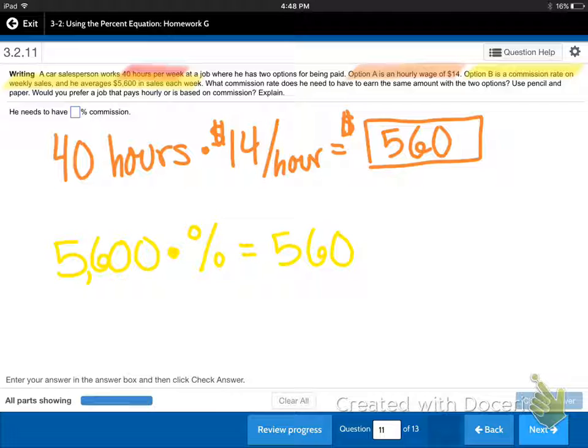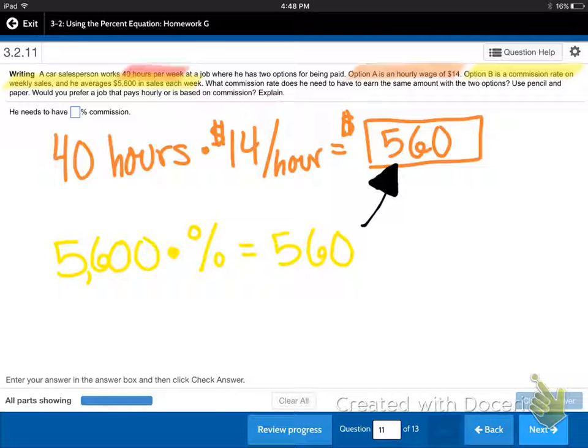And that needs to be bigger than or equal to $560, because that $560 is how much he's making in option A. The only way the commission option is better is if he has a commission percentage which would give him more money in a week than the hourly rate. So that's why the 560 is there. So 5,600 times a percentage needs to equal 560, and then with any commission percentage greater than that, he would make more money with that option.